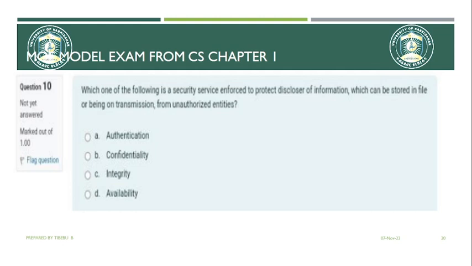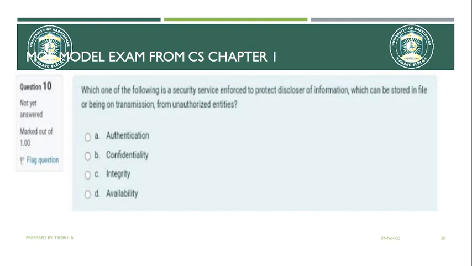It is speaking about disclosure of information. Information is open ማለት ነው። So this is confidentiality actually.